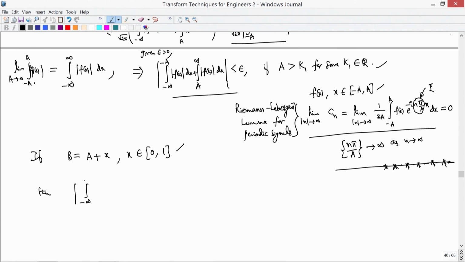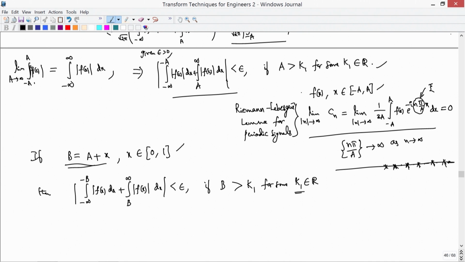So, the integral from minus infinity to minus b of mod f(x) dx plus the integral from b to infinity of mod f(x) dx is still less than epsilon if b is bigger than some k1, for some k1 belonging to R. So, that means the same k1 will work for every b if you choose k1 as a plus 1.